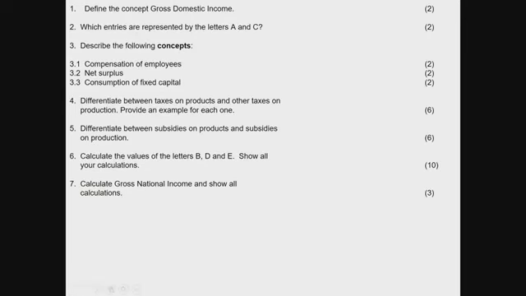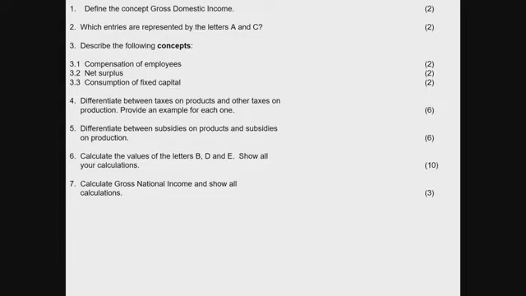Right, they ask you describe the following concepts: compensation of employees, net surplus, and consumption of fixed capital. So basically they're asking you how would you describe this? So the compensation of employees, I said to you earlier on, this is the same like salaries and wages. So that is the money which is earned by the factor of production, labor.